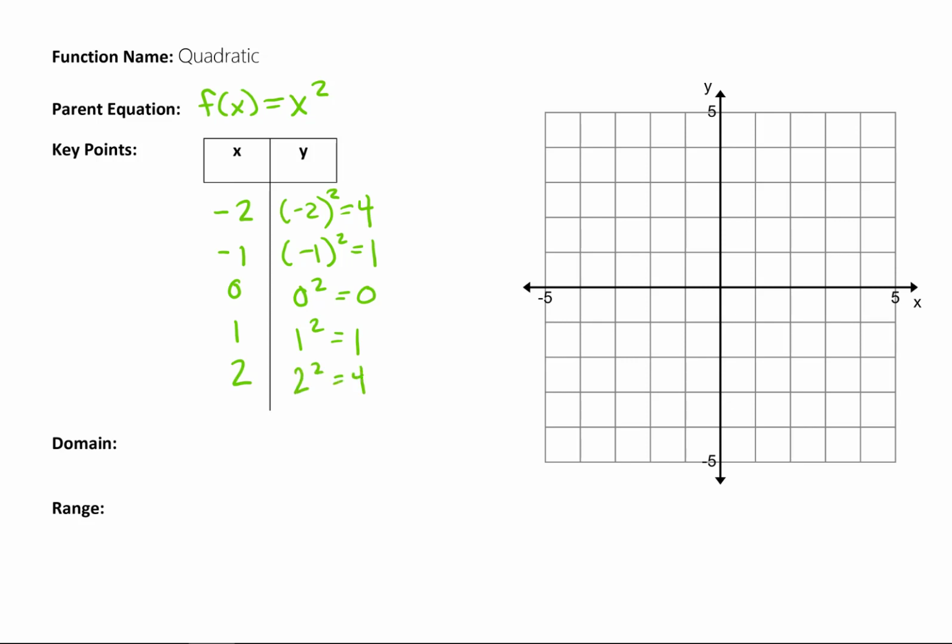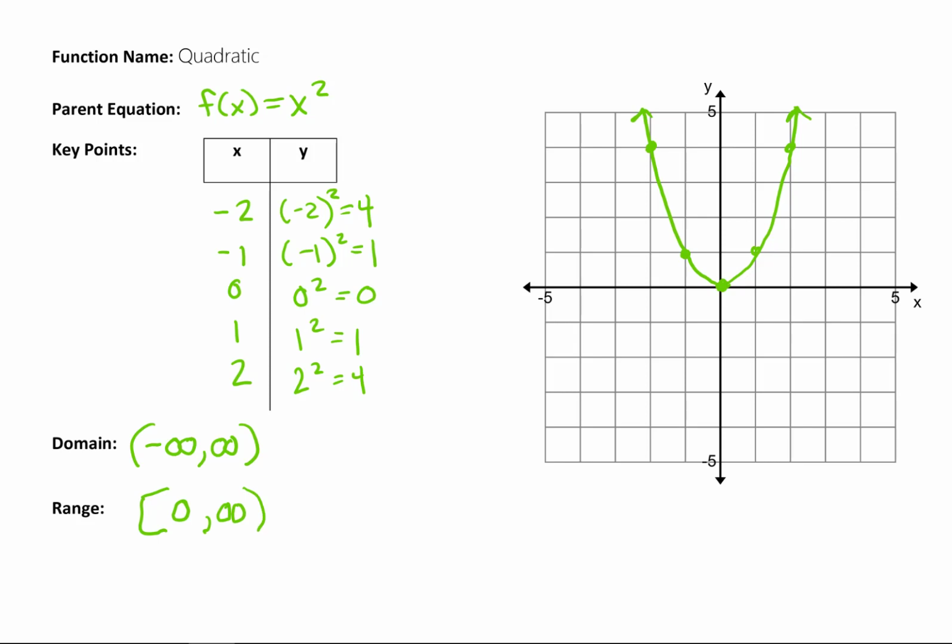Then we're going to plot those points, and this is what our graph looks like. The domain is all real numbers, so -infinity to +infinity, and the range, which is our y values, starts at 0 and it's including 0, and we go to +infinity.